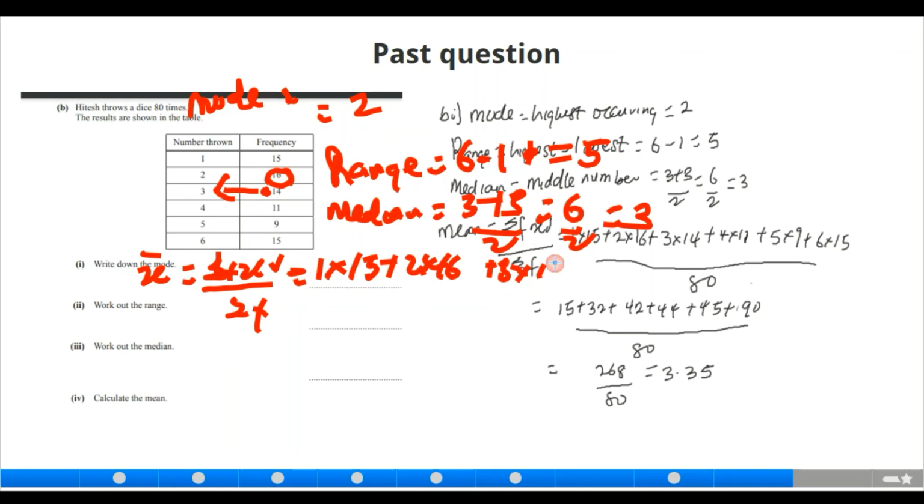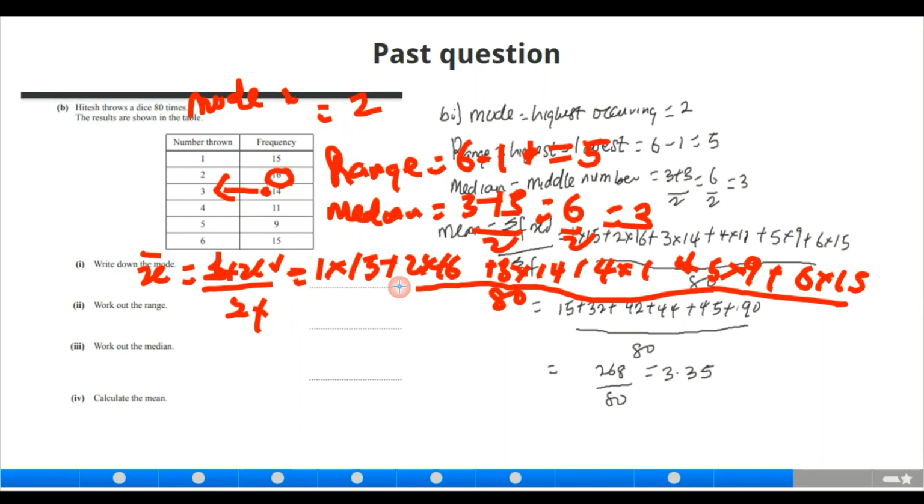plus 3 times 14, okay, plus 4 times 11, okay, plus 5 times 9, okay, plus 6 multiplied by 15, all divided by 80. So we have 15 plus 2 times 16 will give us 32, okay. 3 times 14, that's 42. 4 times 11, that is 44. 5 times 9 is 45, and 6 times 15 is 90.